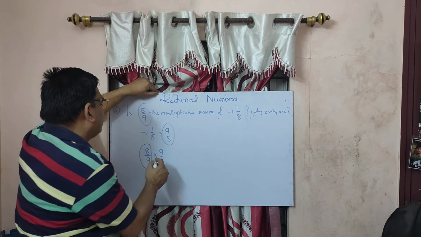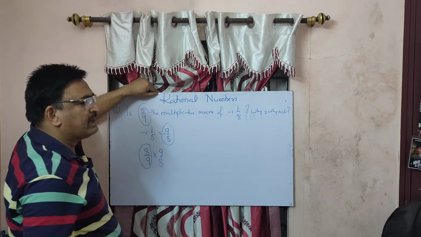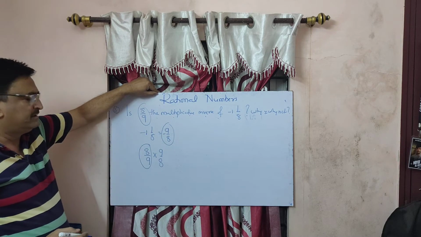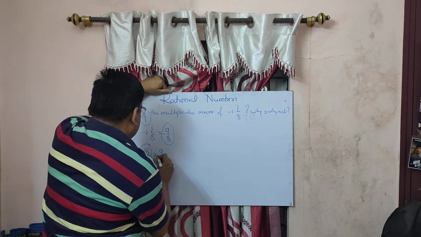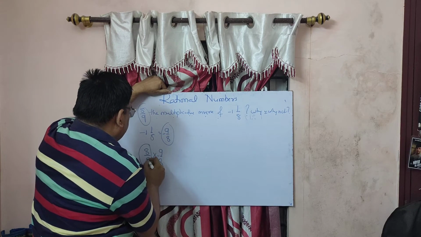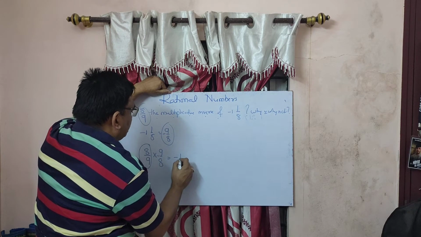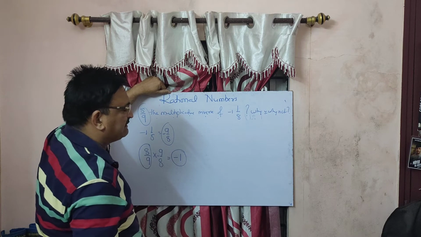So 9 upon 8 is not equal to minus 9 upon 8. And if you multiply minus 9 upon 8 and 8 upon 9, you will get minus 1.